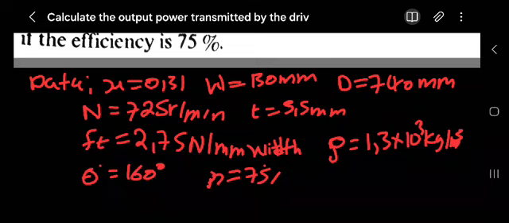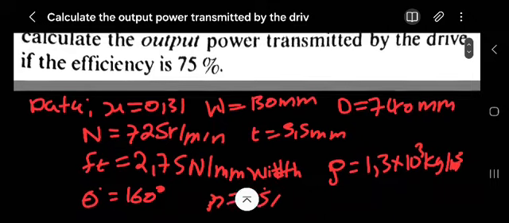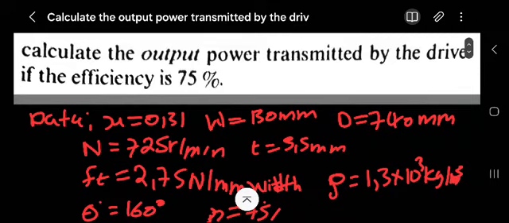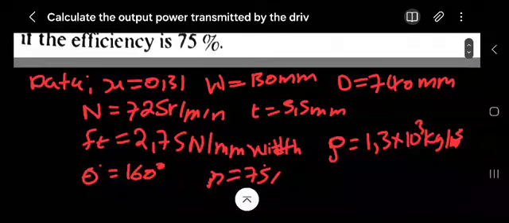Let's check what we have. All I know is that the power must have a velocity. Then the power must have tensions T1 and T2. Depending on what we want, that determines which formula we will use.